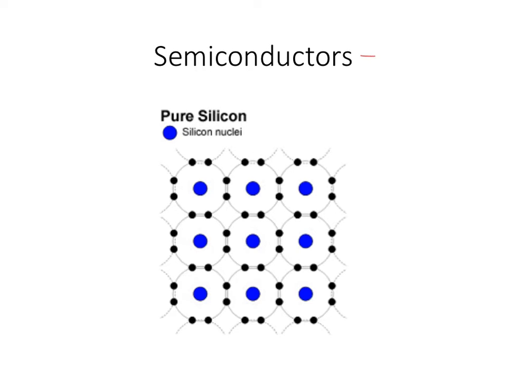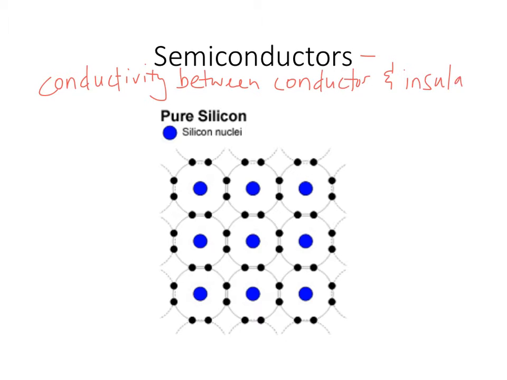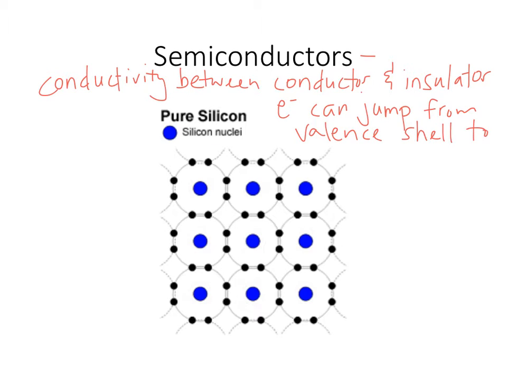So semiconductor conductivity is between a conductor and an insulator because there's a small gap between the filled and unfilled orbitals, so electrons can jump from the valence shell to the conduction band.